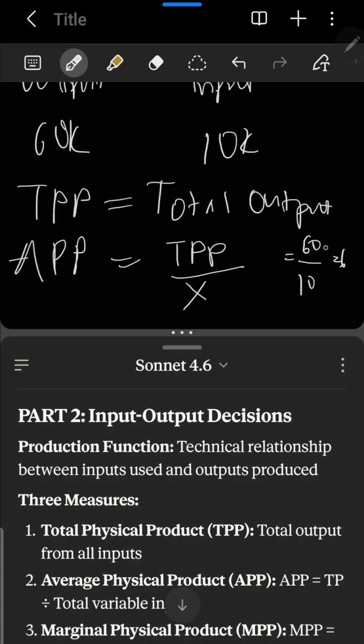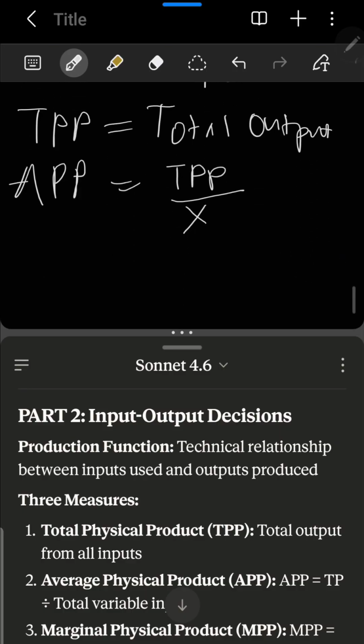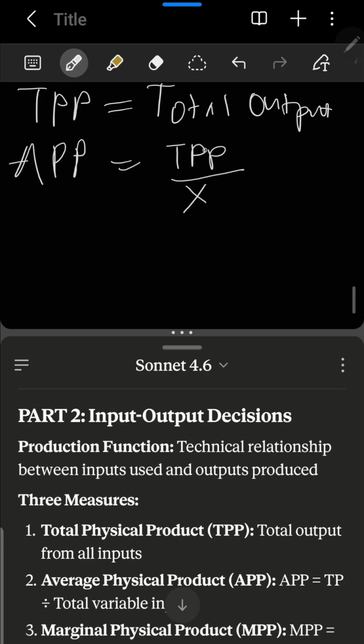On average, you get 6 times more compared to what you put in. Or if this was bags, you get 6 bags of yield for every bag of fertilizer you put in. That is average physical product.